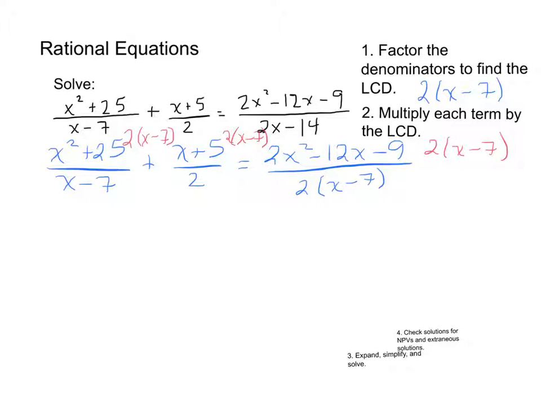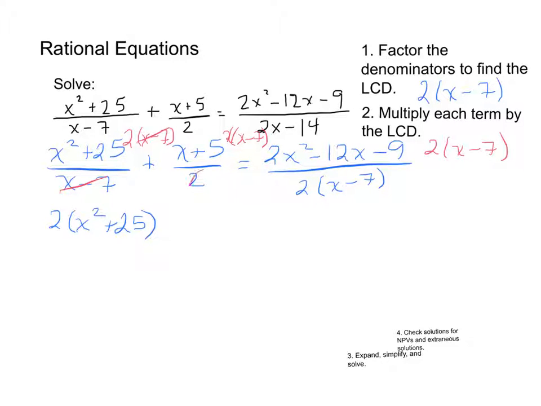When I take that first term, x squared plus 25 over x minus 7, and multiply it by 2 times x minus 7, the x minus 7's cancel out, and I'm just left with 2 times x squared plus 25. And when I multiply the next term, what happens? The 2 cancels out, right.